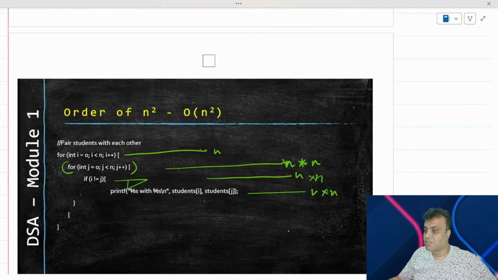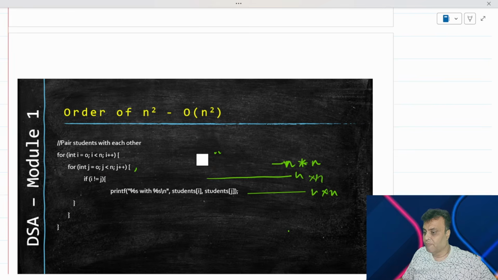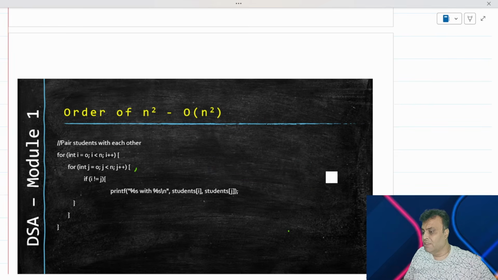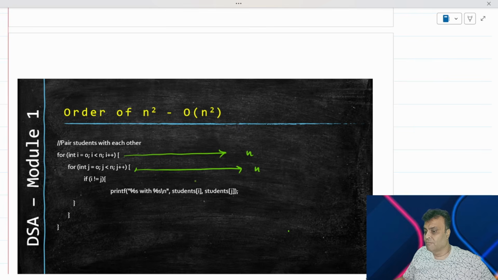Right? So let me repeat one more time. This style of frequency counting is what we will go forward with as we analyze all asymptotic complexities. So this line, as we established, is an order of n. Every line inside this for loop will therefore execute with an order of n.